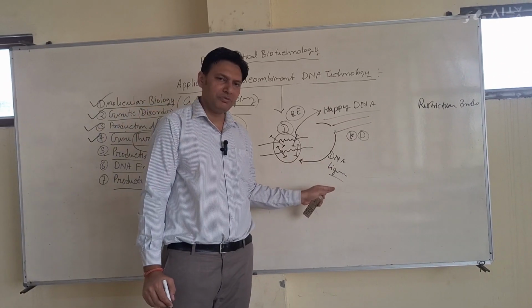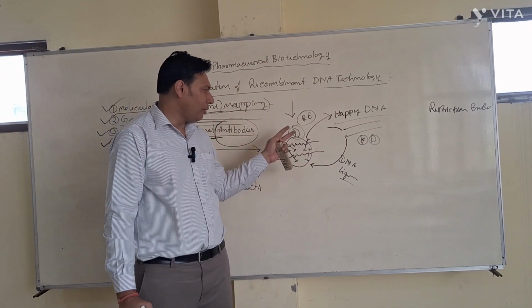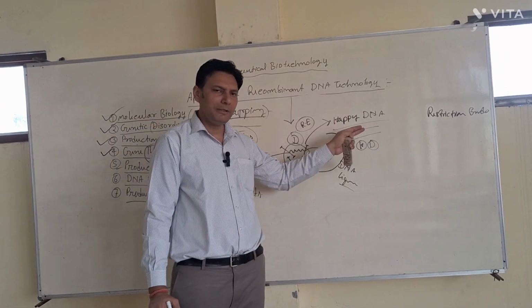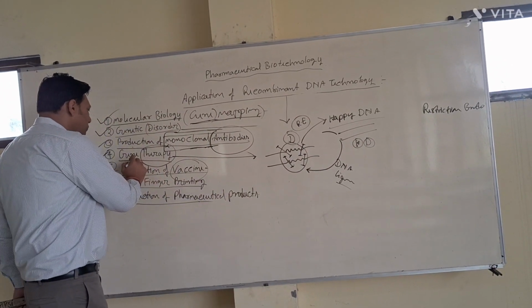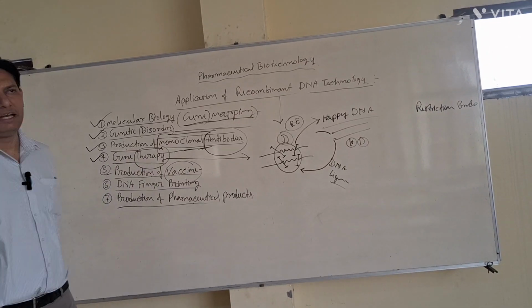This DNA ligase we will use here, and then we can replace the problem. We can replace our defective gene with the healthy gene. In this way, we can use recombinant DNA technology in our gene therapy.